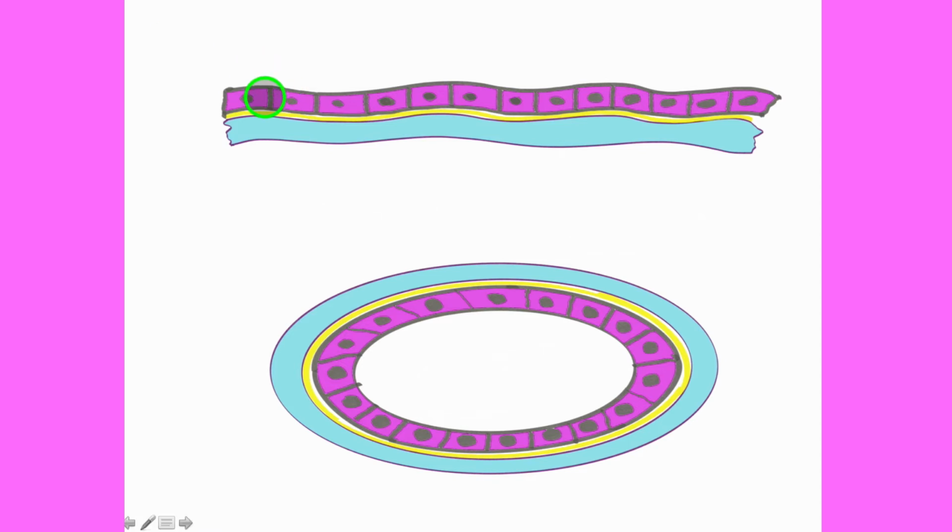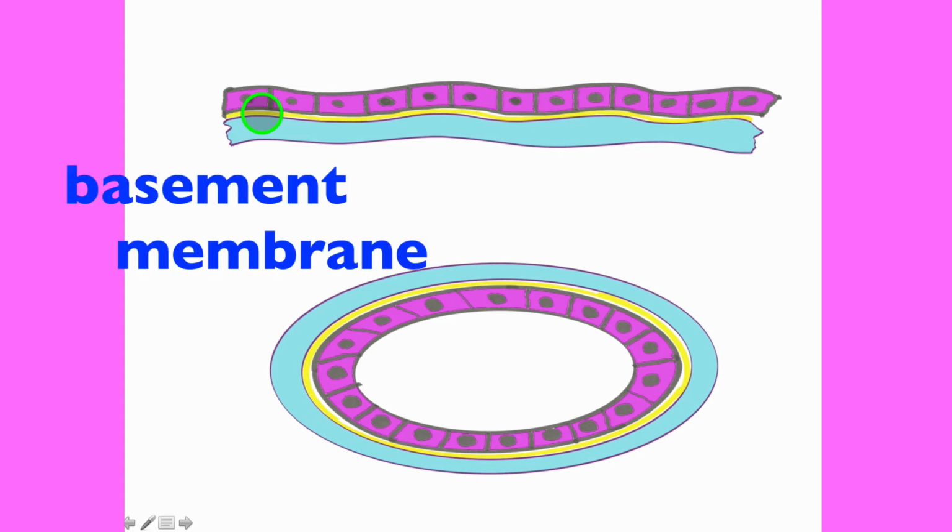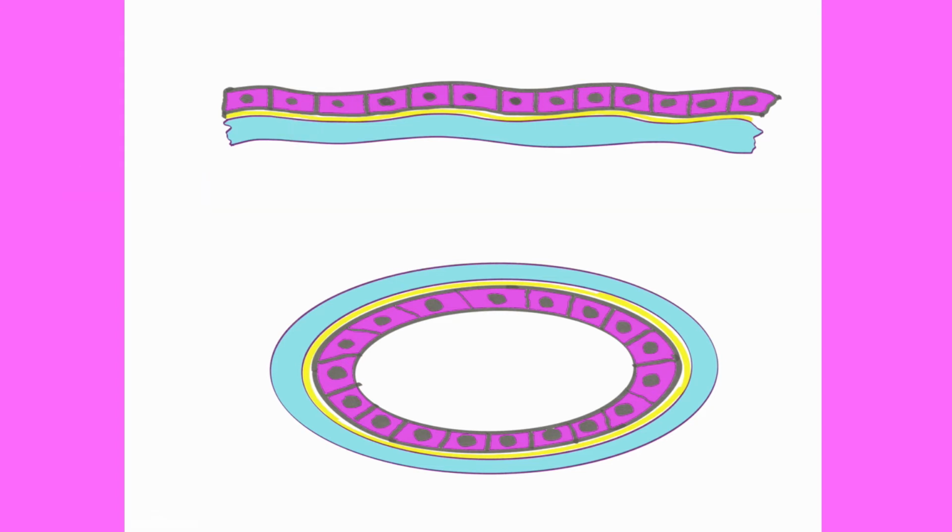So once again, in purple here represents the cell. In these dark circles here represent the nuclei of the cell. Below all epithelial tissue, we find a basement membrane, which we see in yellow here. And we also see an underlying supporting tissue, generally loose areolar connective tissue.